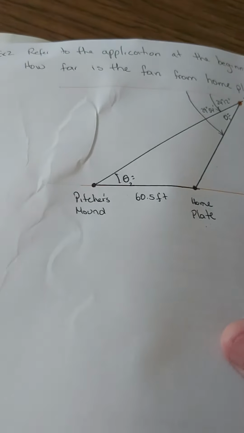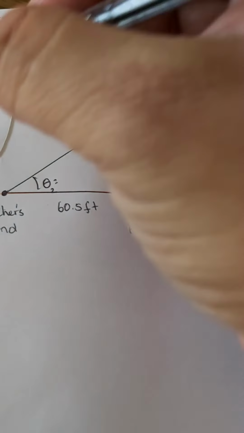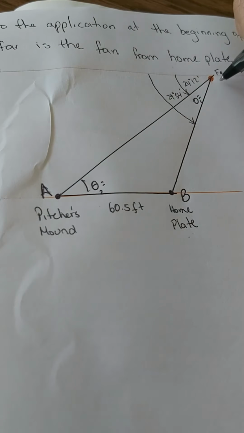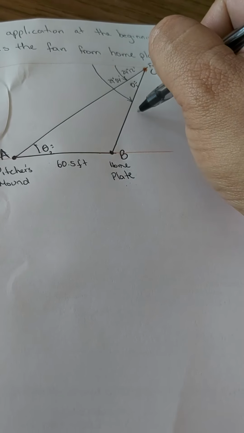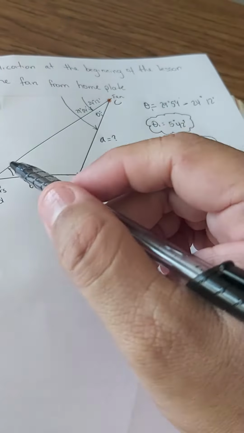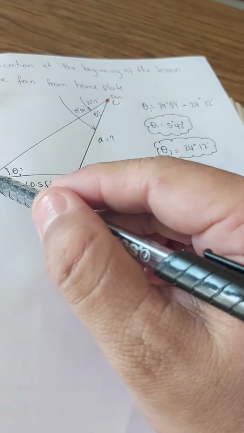So let's name this triangle A, B, C. We're looking for the distance from the fan to home plate, so we have to find side A. Remember, we always name the side of the triangle opposite to the angle.